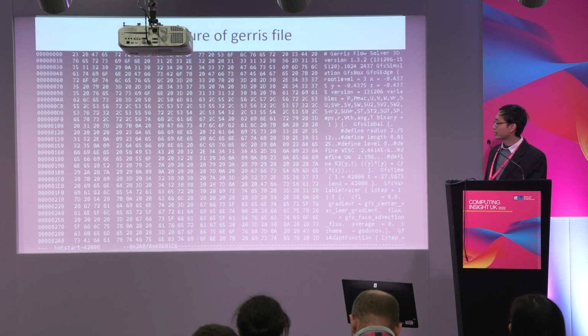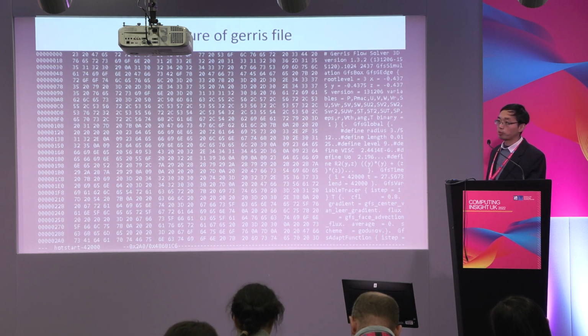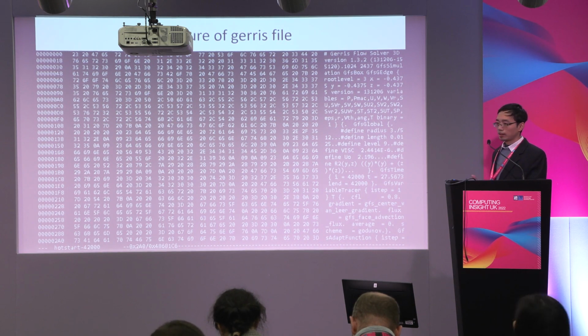We use a hex editor to change only the text part to get the result for the hot start. Otherwise, we will write into the binary part, and it will not be good. So by using this hot start functionality, we are able to continue a very long simulation in 3D.